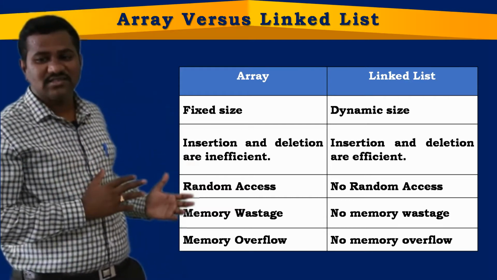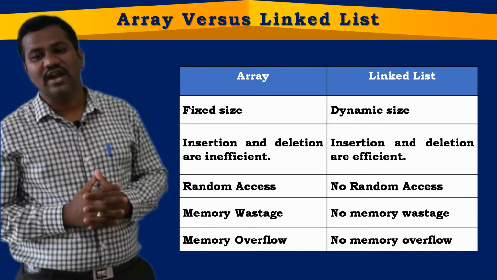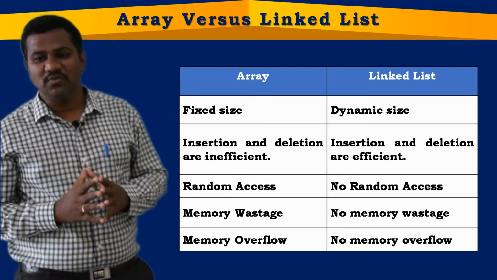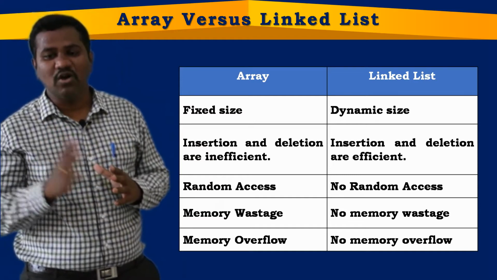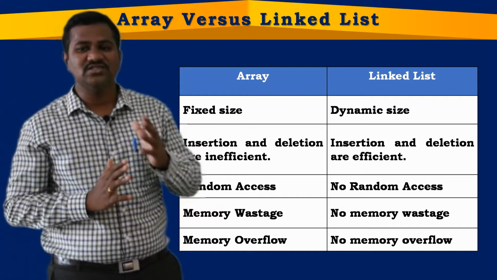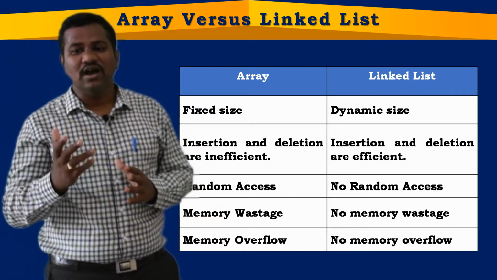Random access is possible in arrays, whereas in linked lists, there is no random access. In arrays, random access is possible because we take a block of memory, and in that block, a set of elements is stored, and each element has an index. So we can randomly access any element among those elements.